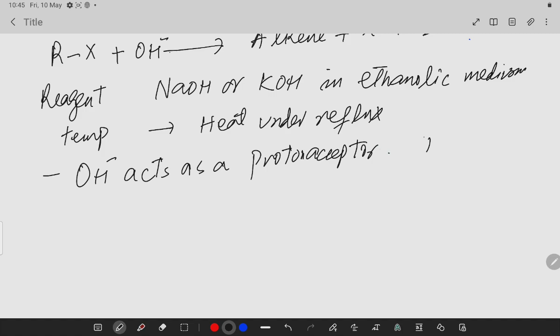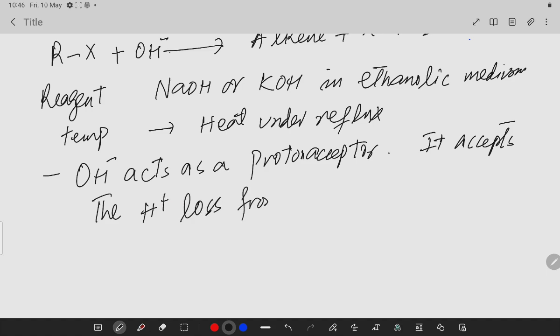So it accepts the hydrogen, H positive, lost from the halogenoalkane during elimination.